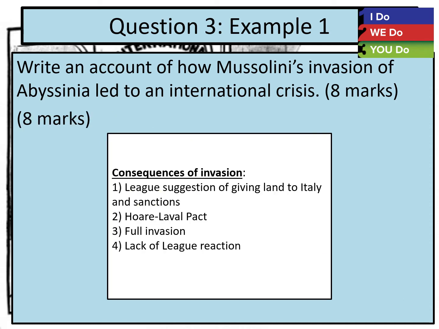So the second paragraph will be focusing on the consequences. So you'd be thinking about things such as the suggestion of giving land to Italy, those partial economic sanctions that we talked about in the last lesson.